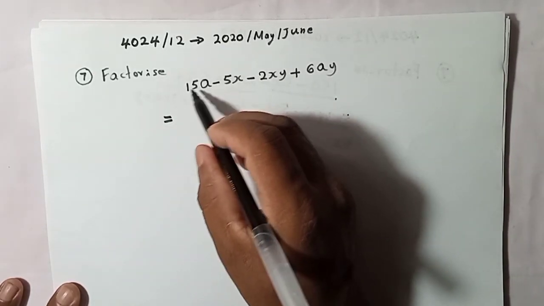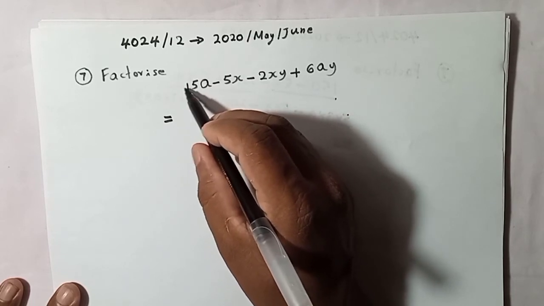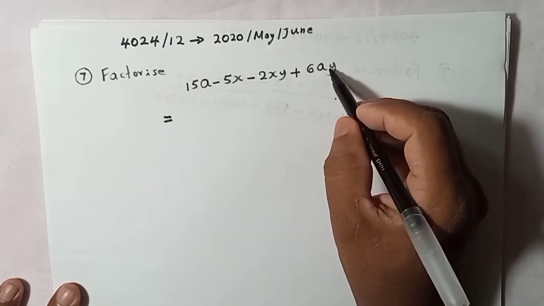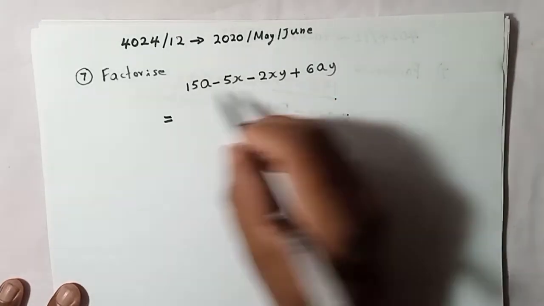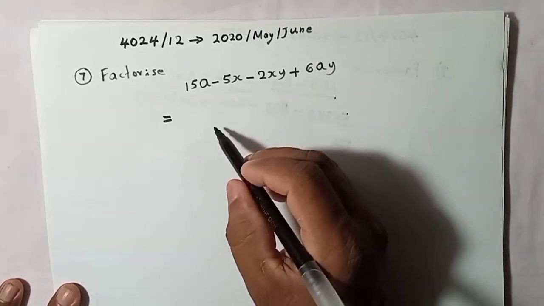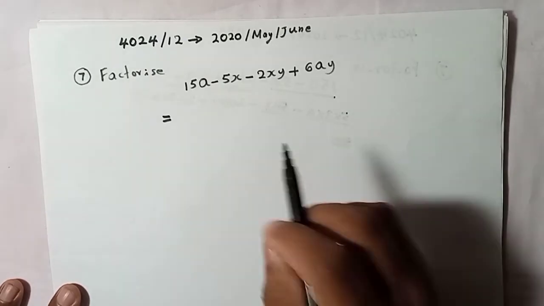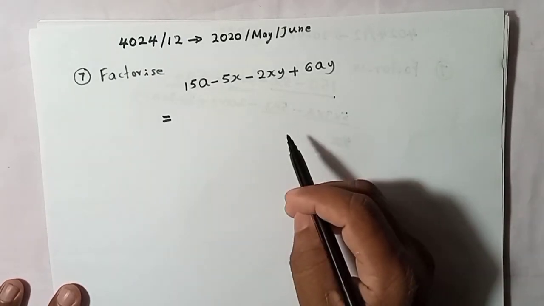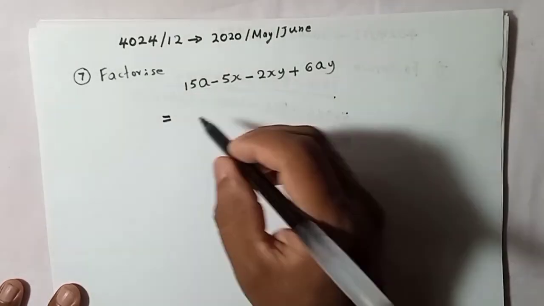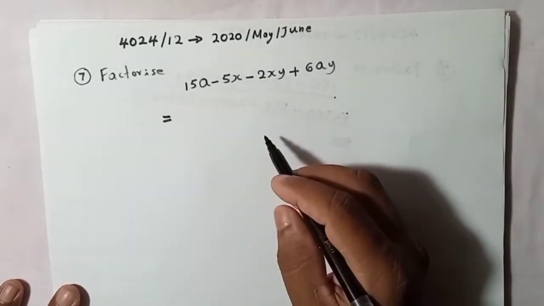Now you can see here, this 15a is plus, here there's no sign, meaning it is plus 15a, and again here plus 6ay. So when you have 4 terms, if you put the same sign terms together, it will be easy to factorize, right? Put plus terms together, I mean the same sign, and then try to factorize.